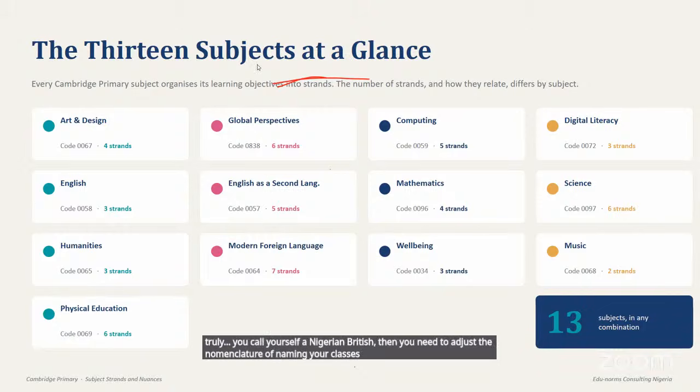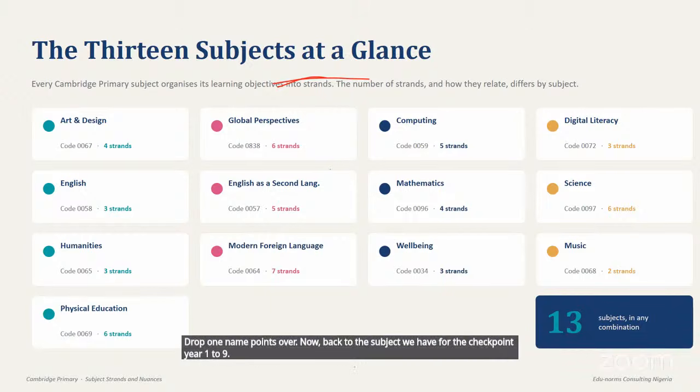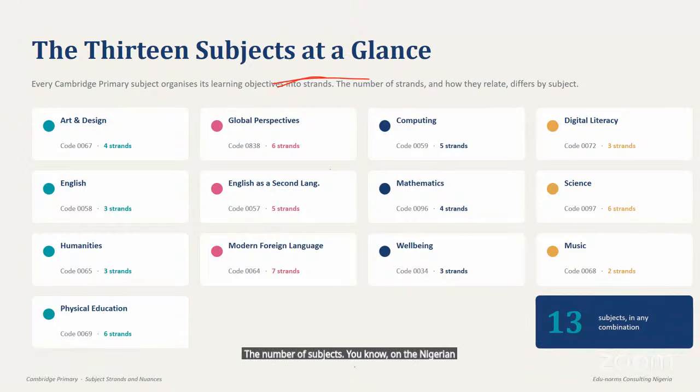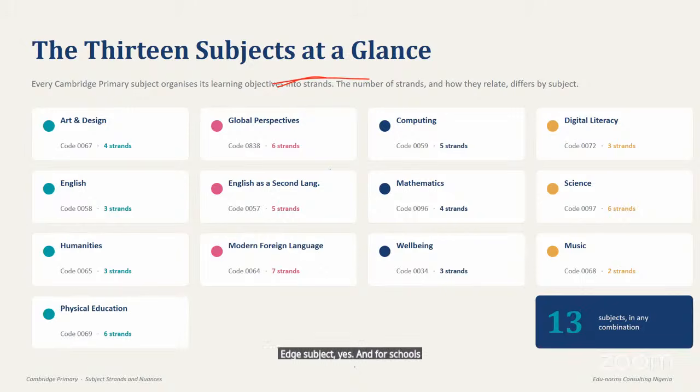I say that I want us to drop one learning point so far. Now, back to the subjects for checkpoint year 1 to 9. They are the same number of subjects. Under the Nigerian curriculum, the primary has about 8 subjects, and for religious schools like an Islamia, 9 subjects.